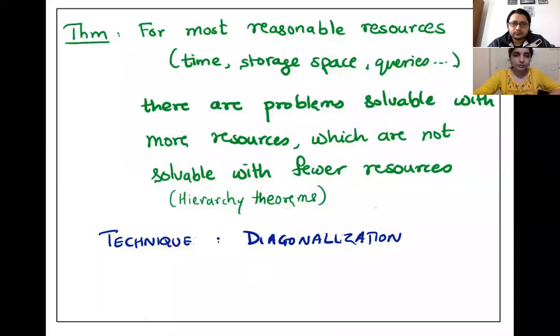Unfortunately, these are existential type results. There is no specific problem known that is solvable in n to the 5 but not in n square. We only know the existence of such problems. This proof also goes through diagonalization.